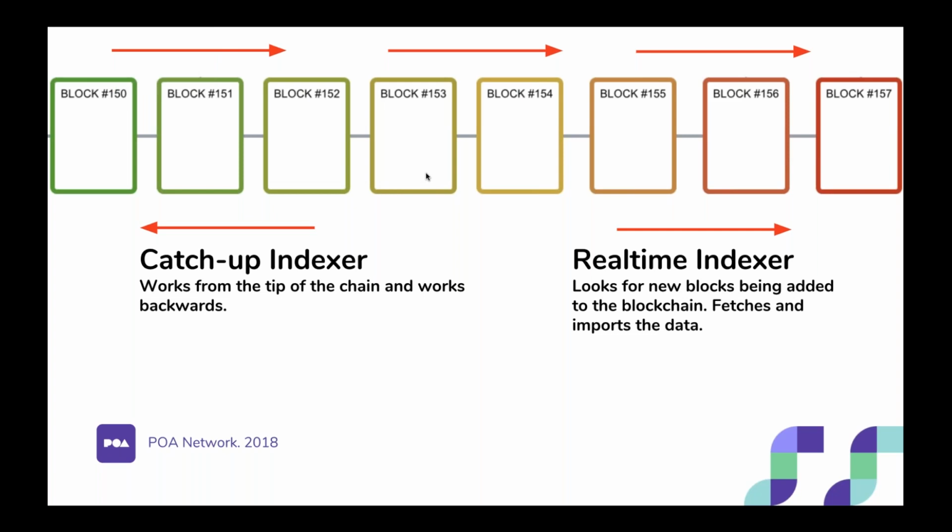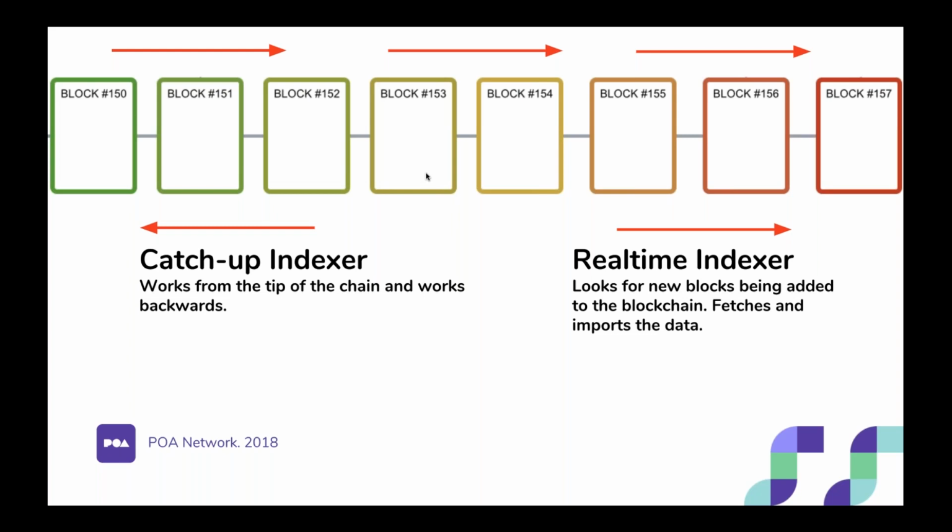Now, meanwhile, we have a Catchup Indexer, which starts at the tip of the chain, so that's the highest block height, and works backwards to the Genesis block. We did this because we wanted to create a good user experience no matter how much data was on the blockchain. We currently deployed BlockScout about a month ago, but Ethereum mainnet has just tons and tons of data.